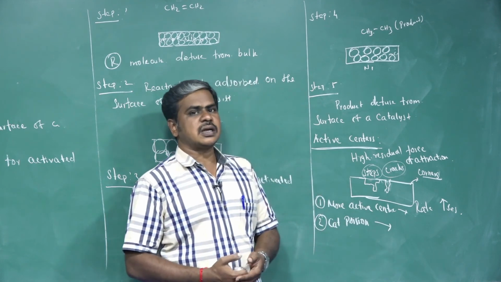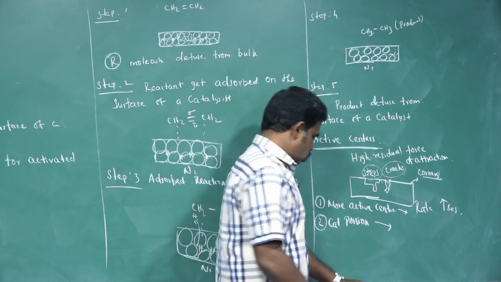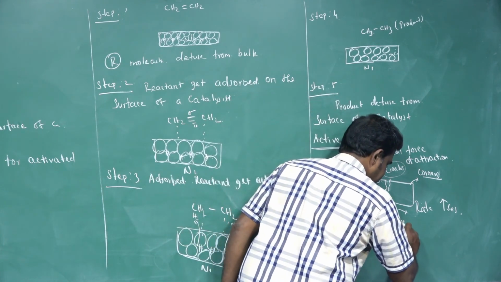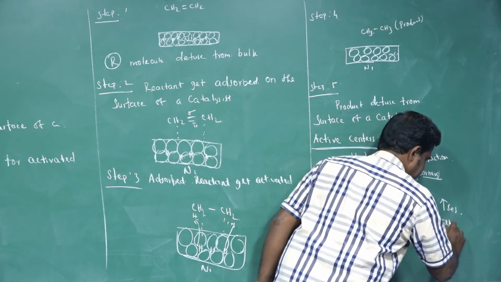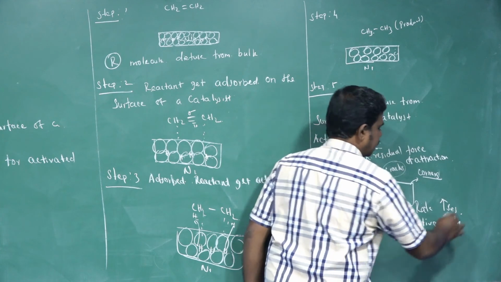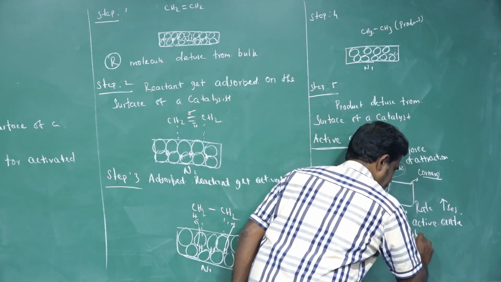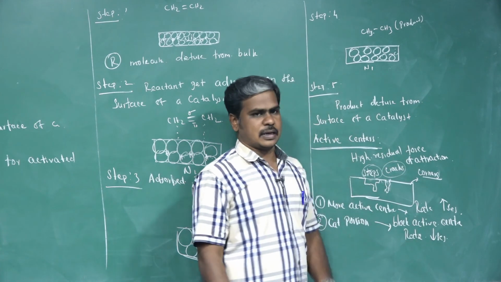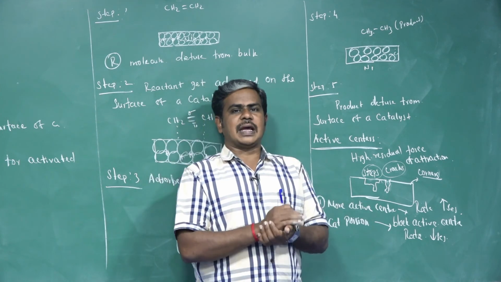When adsorption decreases, the rate of the reaction also decreases. So a catalytic poison blocks the active centers, so that the rate decreases.